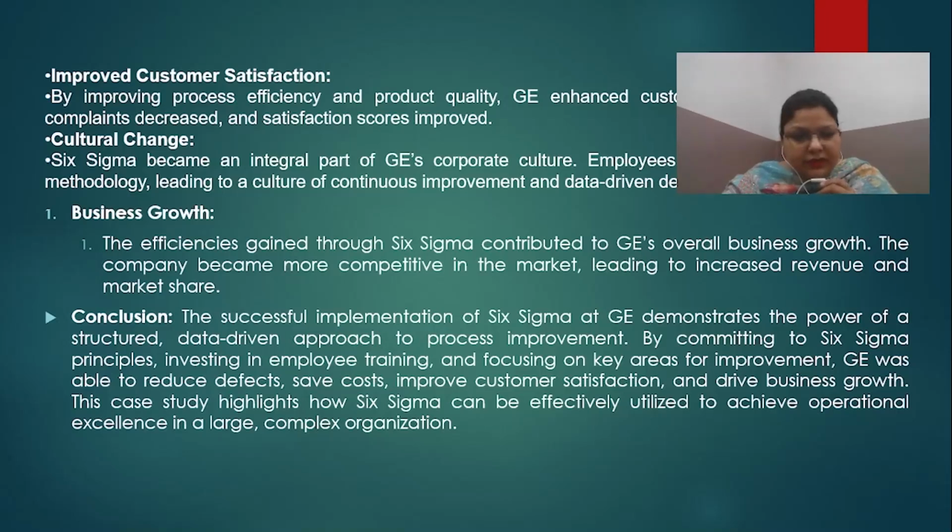So after the implementation of Six Sigma or quality management, the overall problems which come up in a particular company can be removed with the help of Six Sigma. This case study highlights how Six Sigma can be effectively utilized to achieve operational excellence in a large, complex organization.